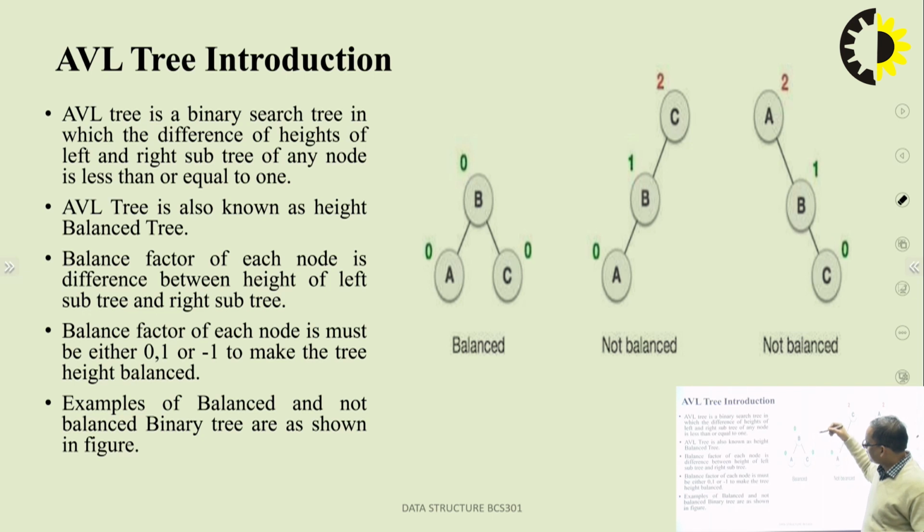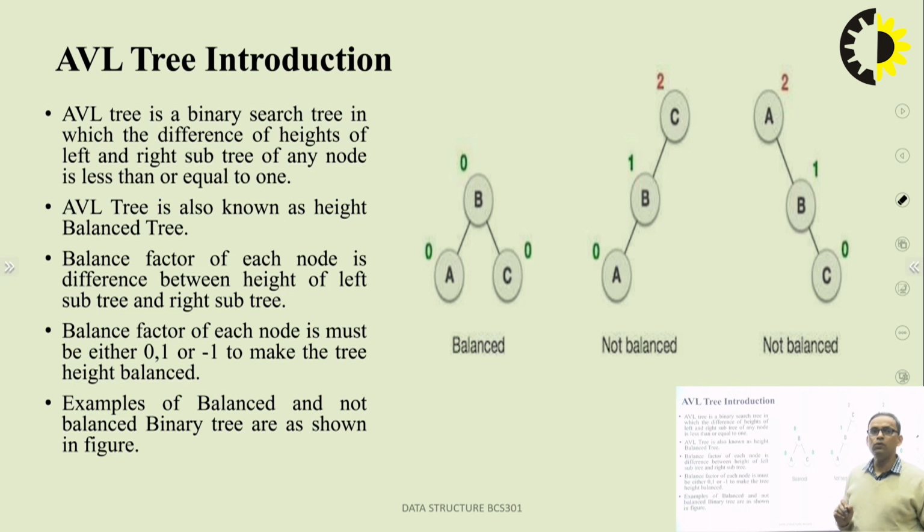Suppose this is a tree. For a tree to be an AVL tree, at first it must be a binary search tree. First condition is the tree must be a binary search tree. In a binary search tree, for a particular node, the right side node must have the greater key and the left side node must have the lesser key. And after that, once the tree is a binary search tree, we will calculate the balance factor of each node.